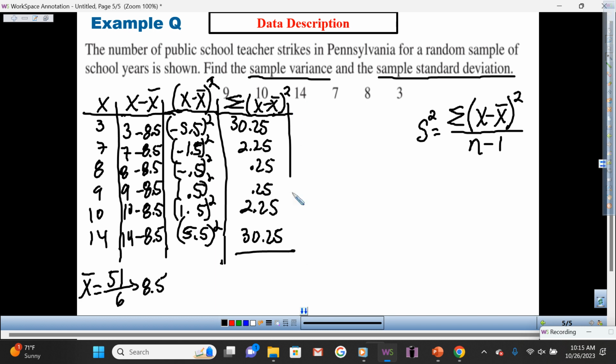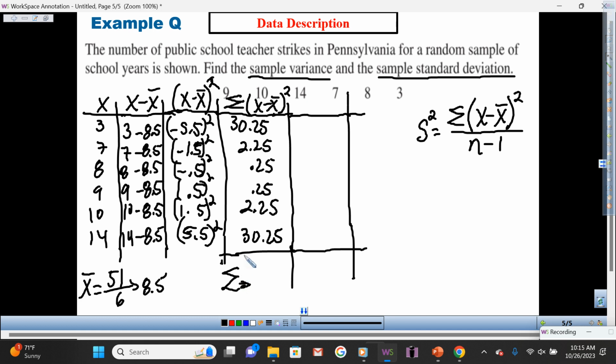Let's see, calculators calculate. What is the sum of all of that? All right, sum. Let's see, Bree, what'd you get? 65.5. That is correct.